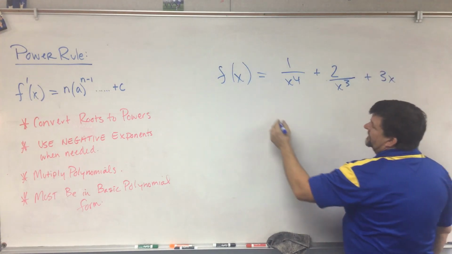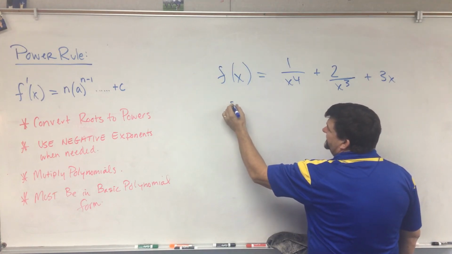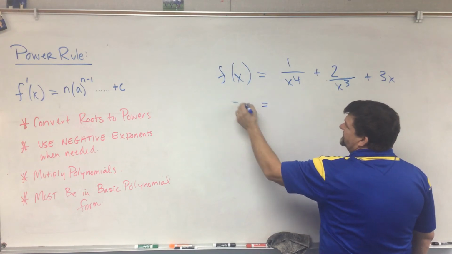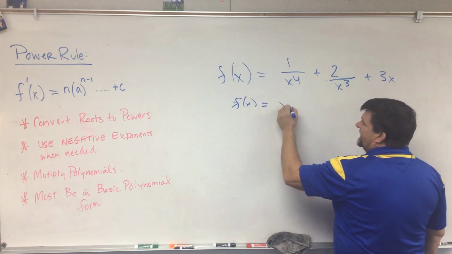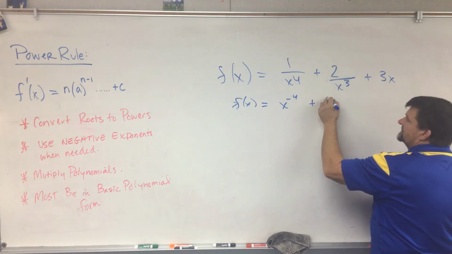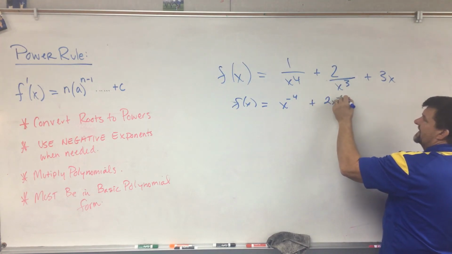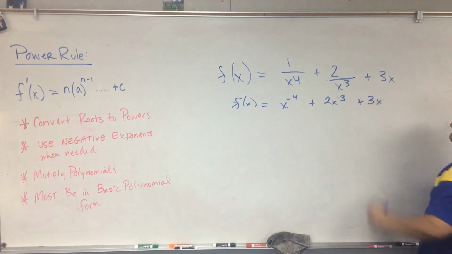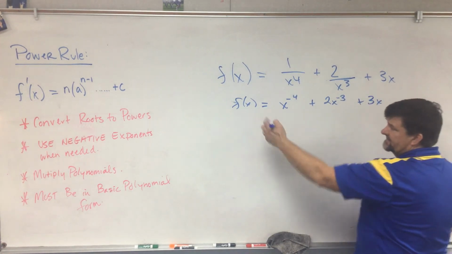So we have to change these things to find our f prime. So f of x is going to equal x to the negative 4th, because I'm moving it up, plus 2x to the negative 3rd plus 3x. Then we just apply the same power rule.